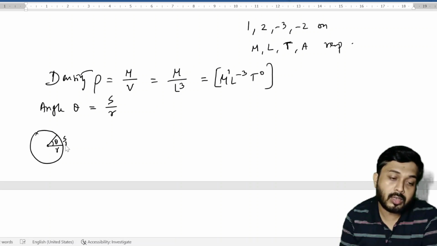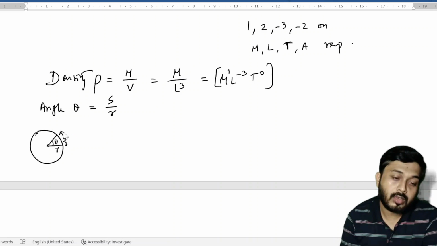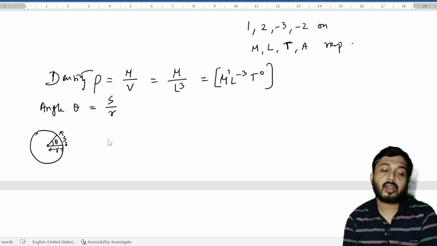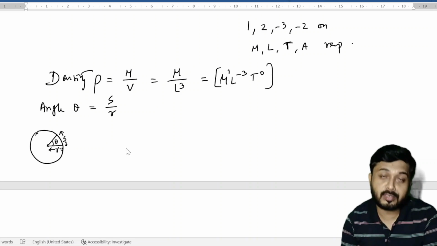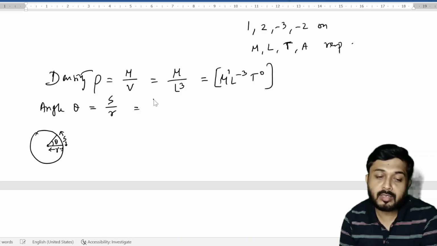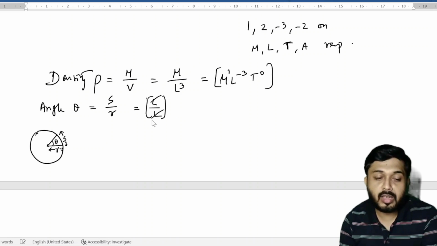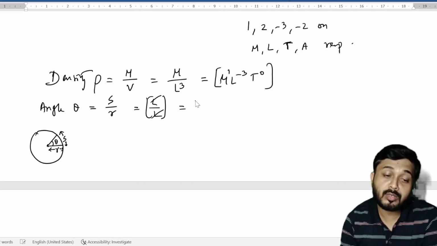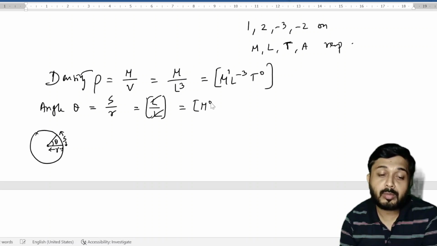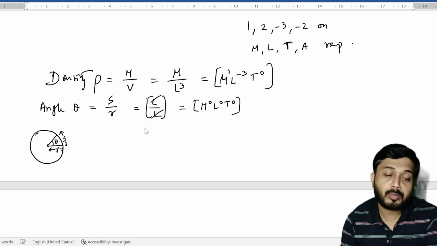This is actually S, arc. Alright, and this is the radius. Arc by radius is the angle, and both are actually nothing but lengths. So arc by radius is actually L by L, which are cancelling each other, and this is a dimensionless quantity. M to the power 0, L to the power 0, and T to the power 0.